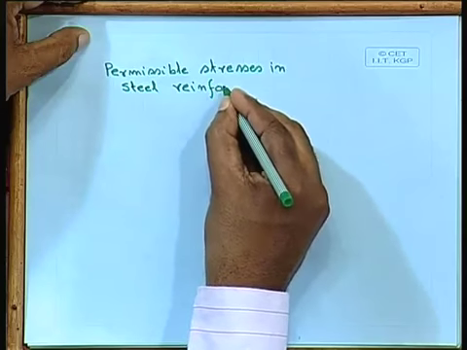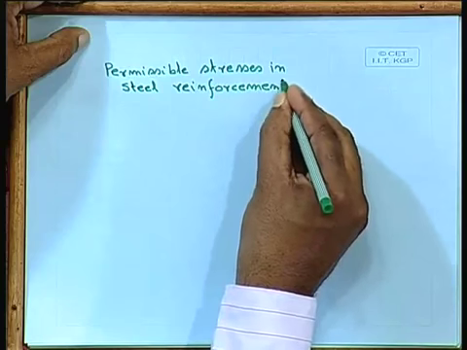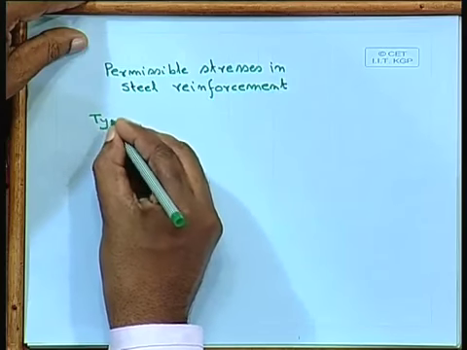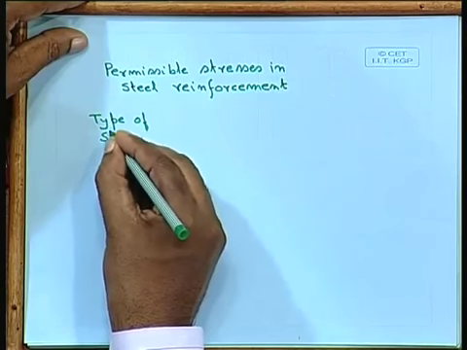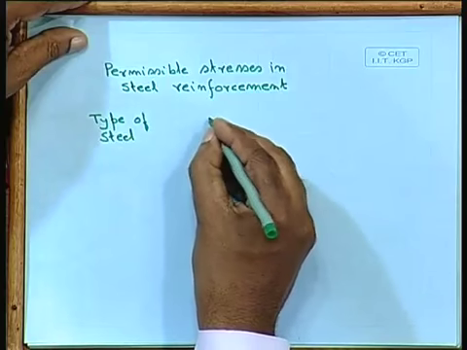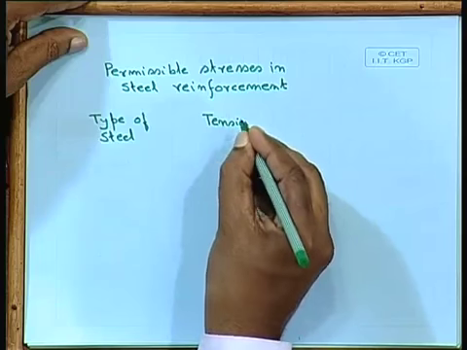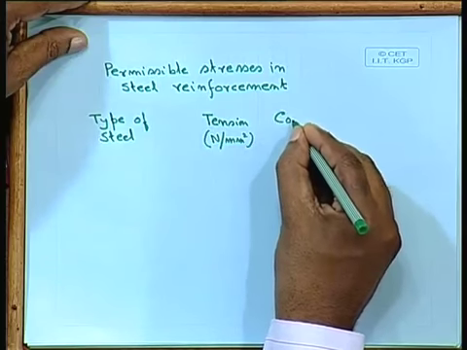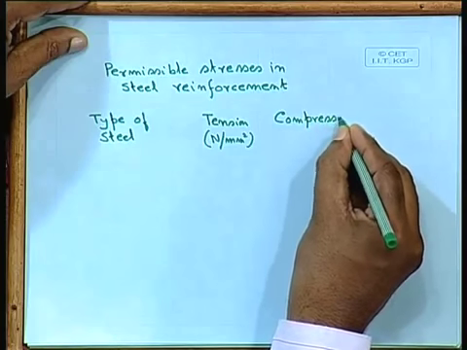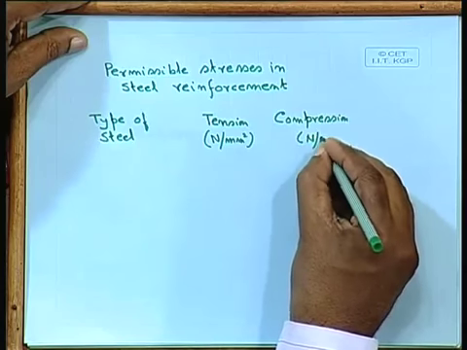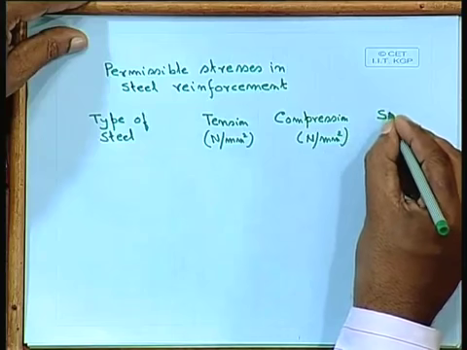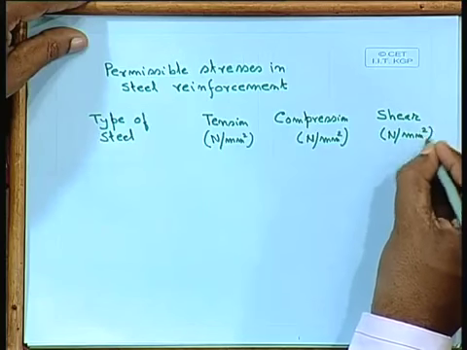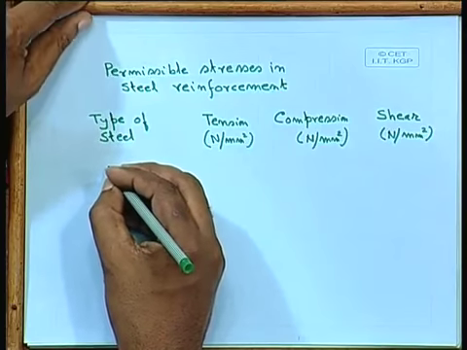Permissible stresses in steel reinforcement: type of steel, tension, compression, and we should have shear, because these are the different cases where you have to consider the permissible limits, or in other words your freedom, how far you can go.